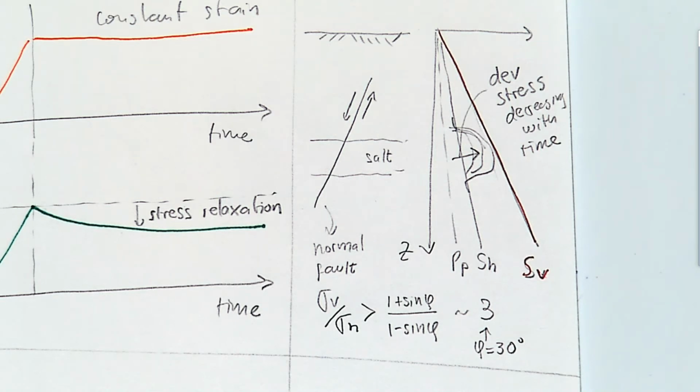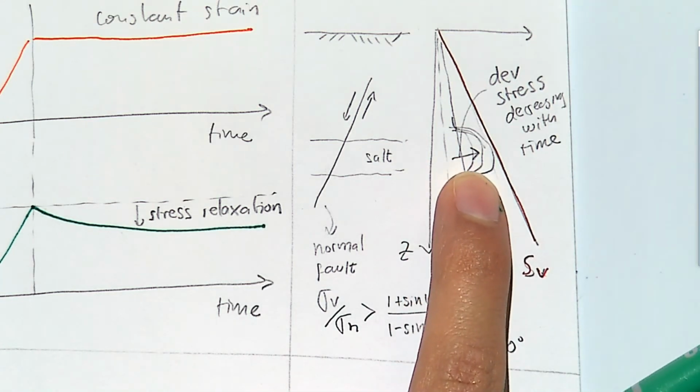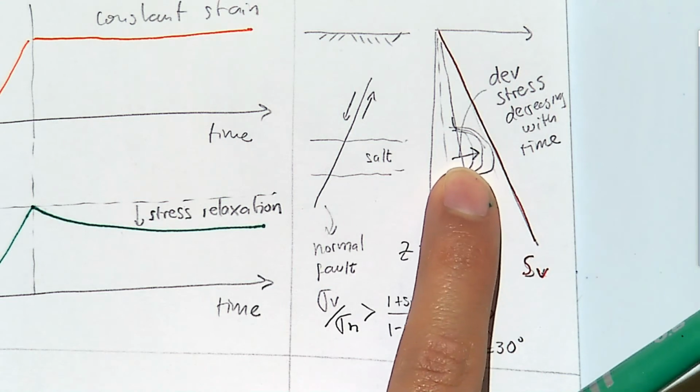And there are recent studies that say that a similar thing happens with shales. The shales that have quite a large viscoelastic response also tend to flow with time so that the horizontal stress gets closer to the vertical stress.